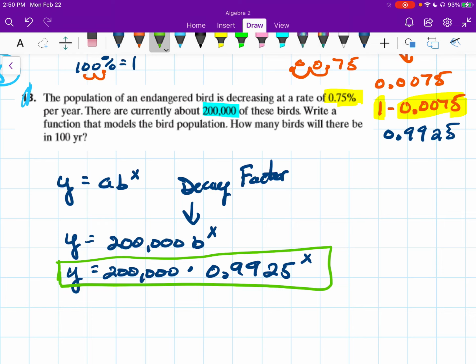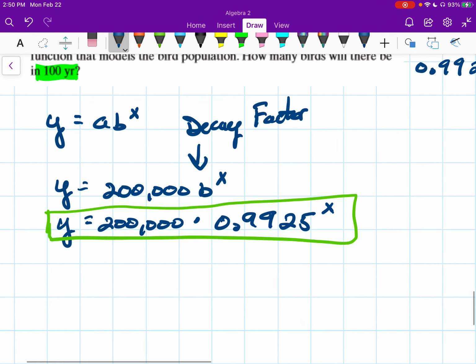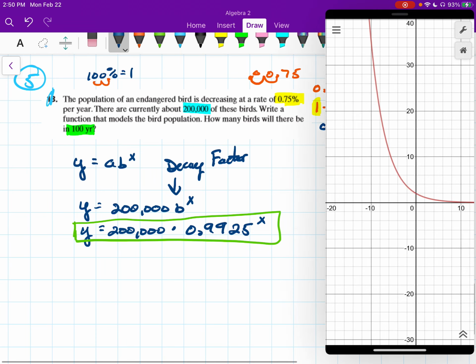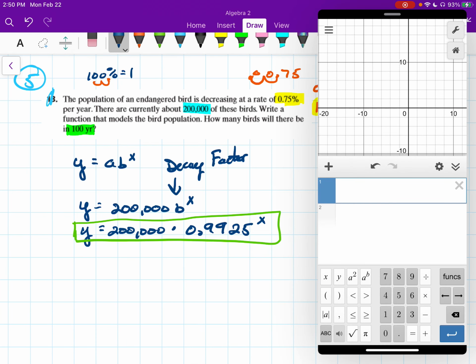Now what we also need to do is plug in 100 years. So I'm going to plug in 100 into my x, and I'll just type that in here. So I'll type in 200,000, that's 5 zeros, times 0.9925, and then exponent 100.